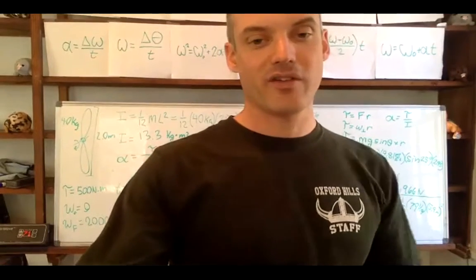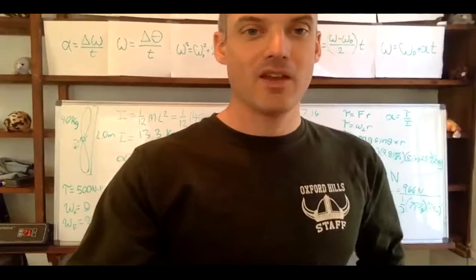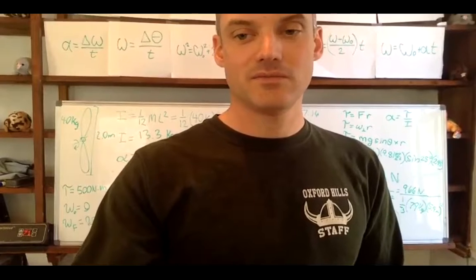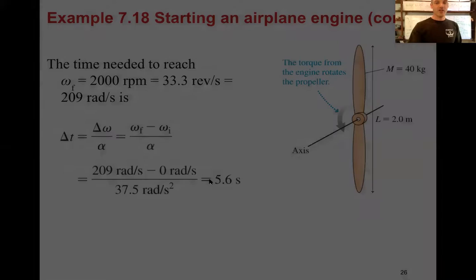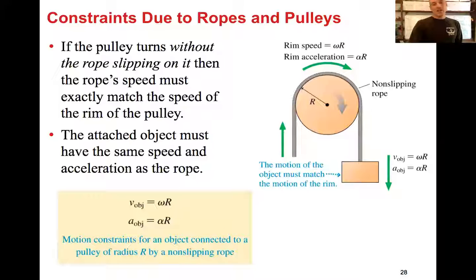We have pulleys still. So generally, pulleys follow the same kind of logistics. And another physics thing that happens with pulleys is that the rope's not going to slip. So the pulleys have a rope that's got perfect friction, I guess, and it will match exactly how quickly the rim is accelerating.